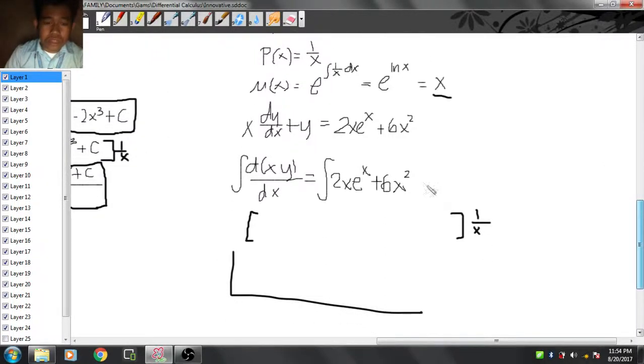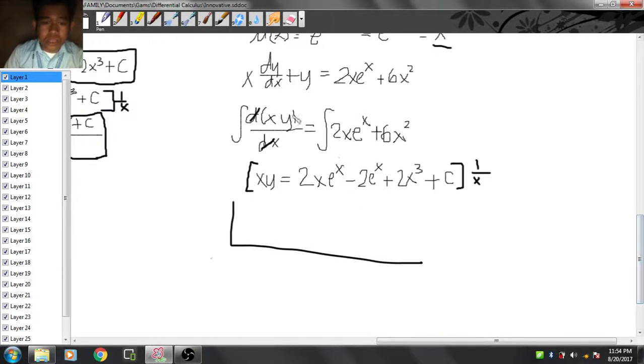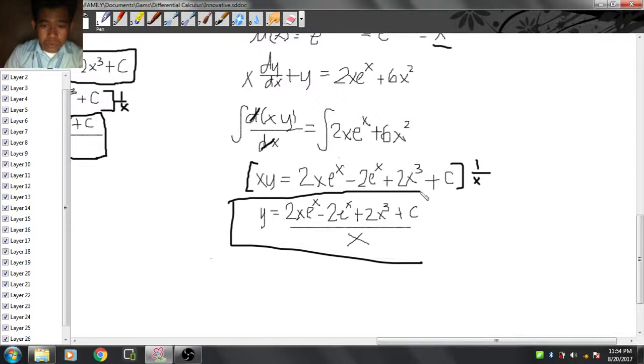So to solve for the general equation, we need to integrate both sides. And this one will still remain as xy, since this will be cancelled out, and this one will be given by this one. So to solve for the general equation, we simply divide the equation by x, so that y will remain, and the general equation will be this one.